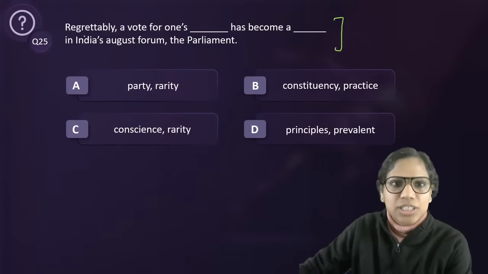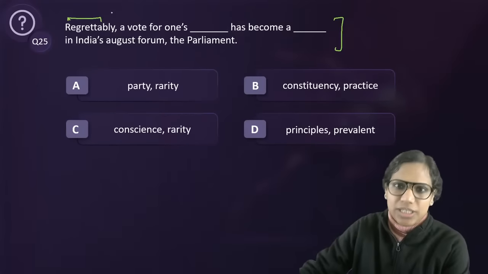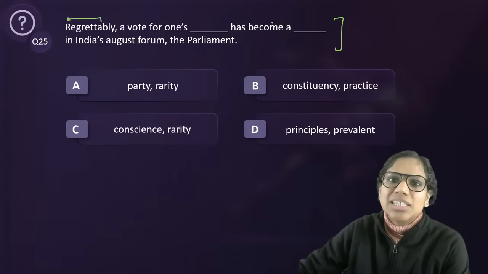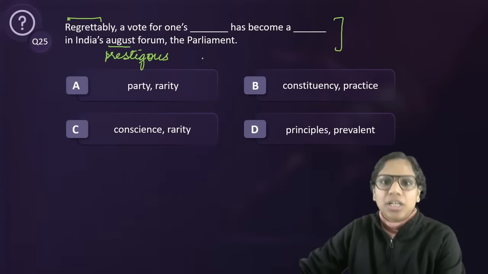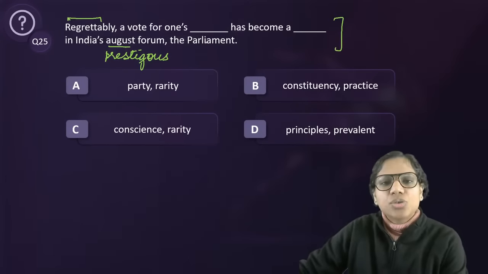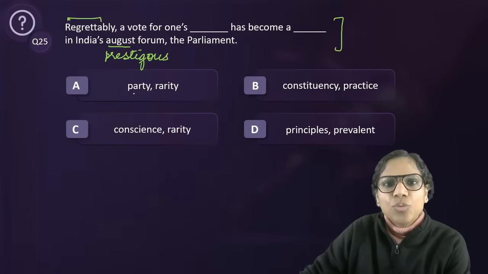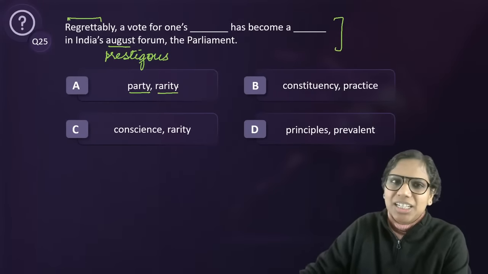So, regrettably, we are regretting something right away. A vote for one's dash has become a dash in India's prestigious forum. Prestigious forum, the parliament. So, a vote for one's party has become a rarity.